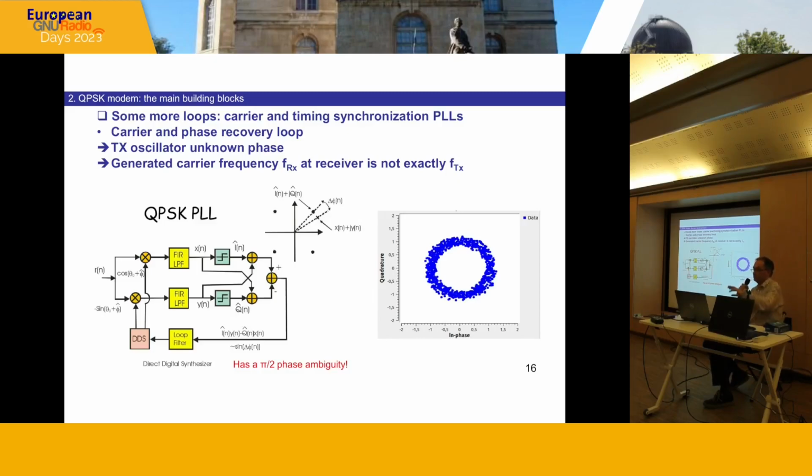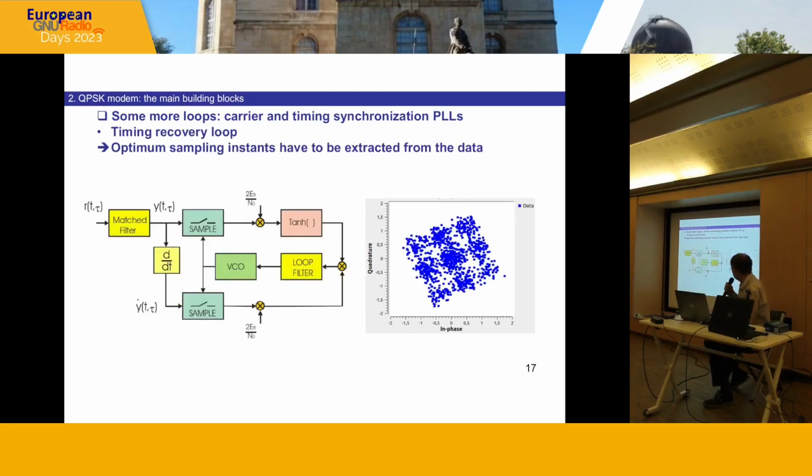So if you don't perform differential encoding, or use techniques like the unique word technique, you probably won't have the right data. Then the other one is the timing recovery loop. If you've got a constellation that looks like that, it's a problem of timing. So you need another loop that we're going to detail afterwards.